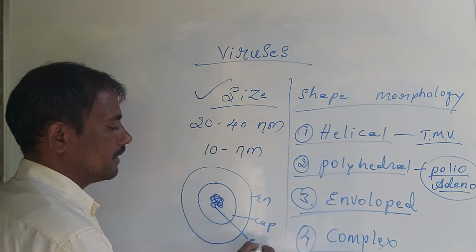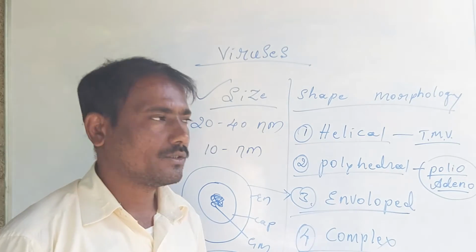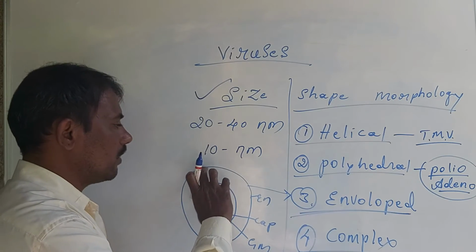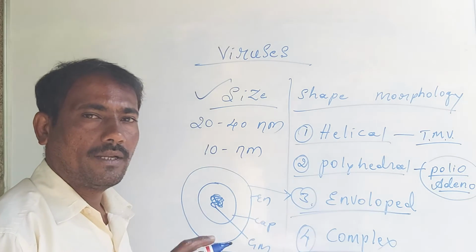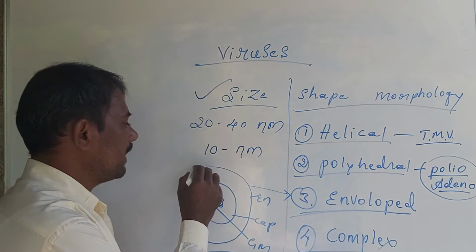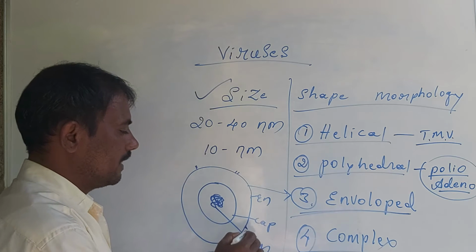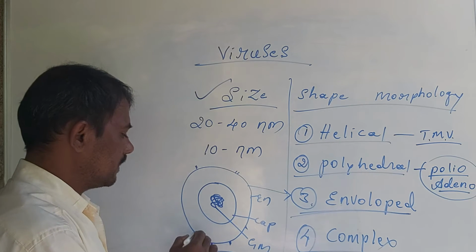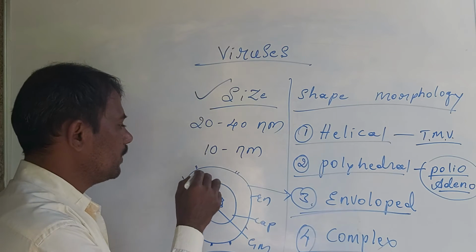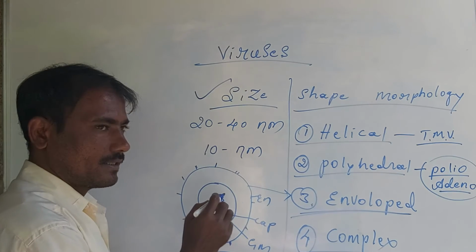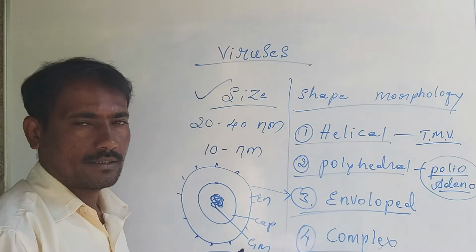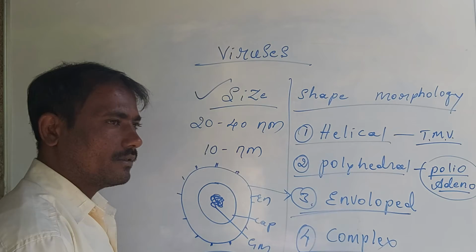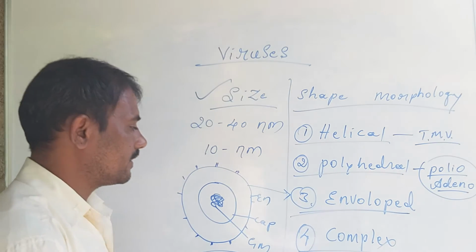Such virus particles are termed enveloped virus particles. Sometimes this outermost envelope may or may not contain some spikes. An example here is HIV, human immunodeficiency virus. These spikes are also made up of proteins and lipids, and are even associated with carbohydrates.